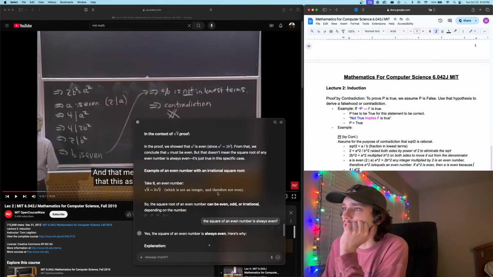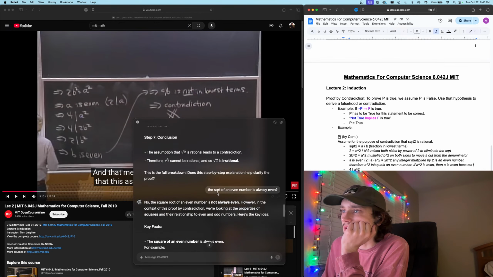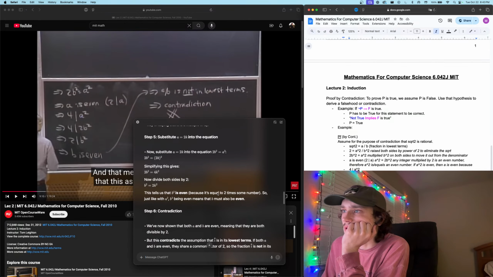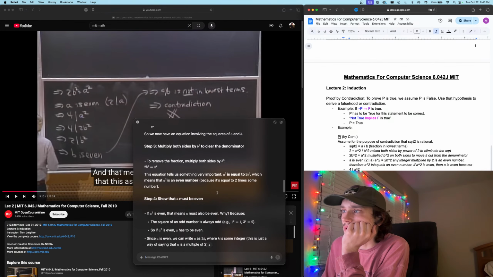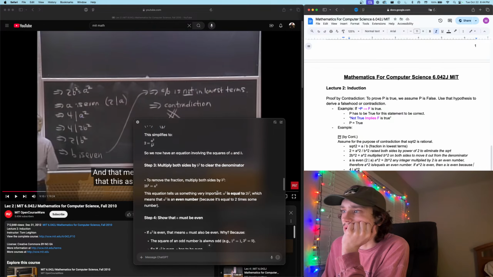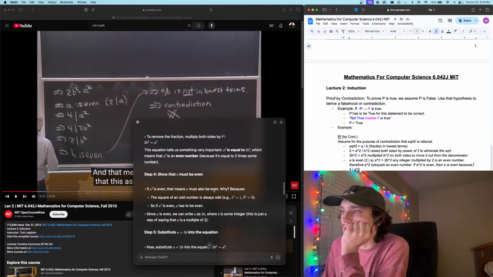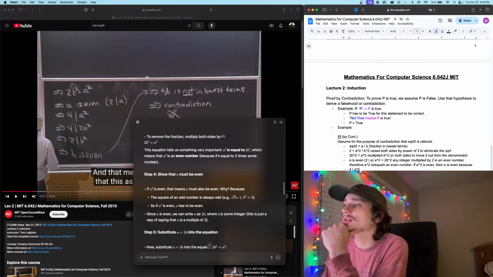Right, as I said earlier. The square of an odd number is always odd. So if a squared is even, it has to be even.